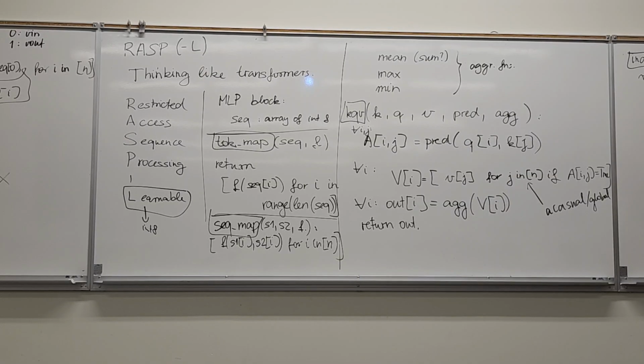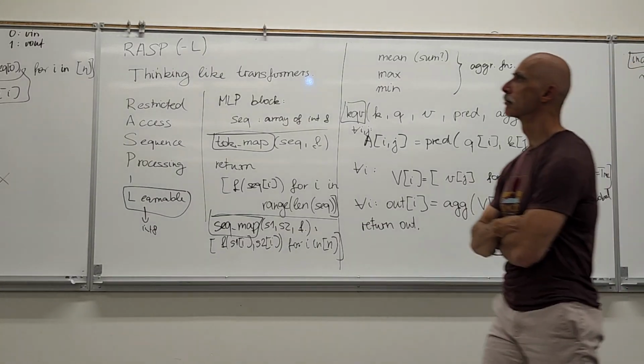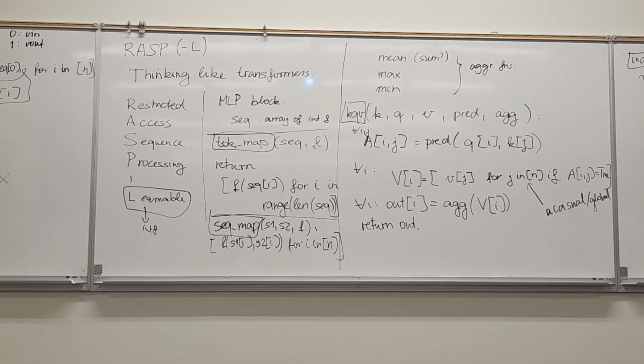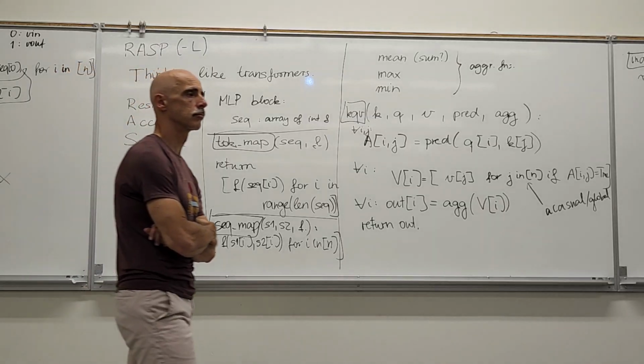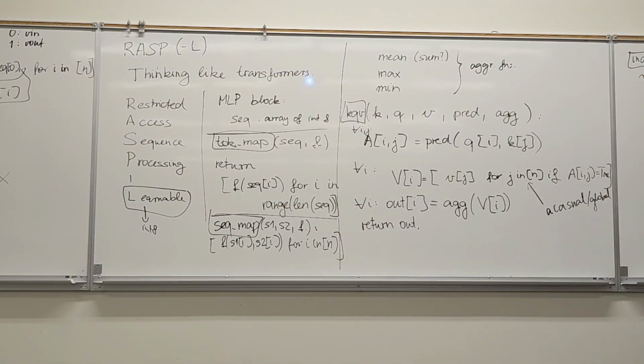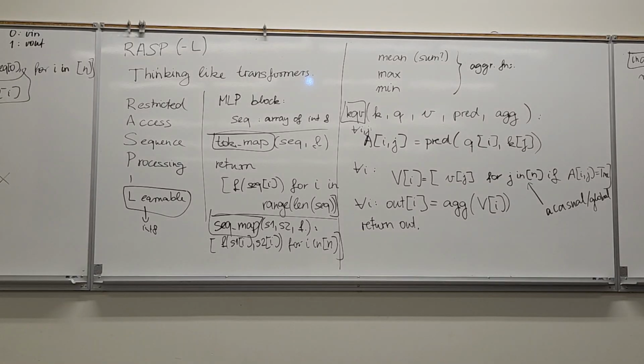We could construct our own sequences, right? So AIJ somehow needs to depend on something, so you need one function.